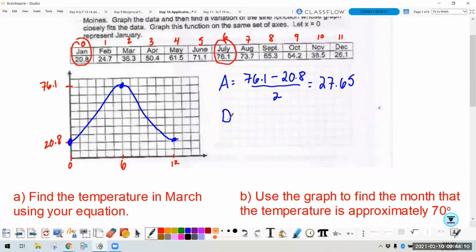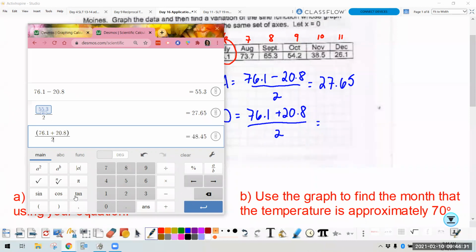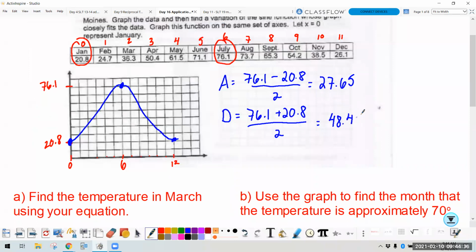I like to find the midline next, that vertical shift. So I'm going to add my maximum and minimum. This time I'll actually put parentheses and do it in one step. 48.45. And then our B value, we get that from the period.